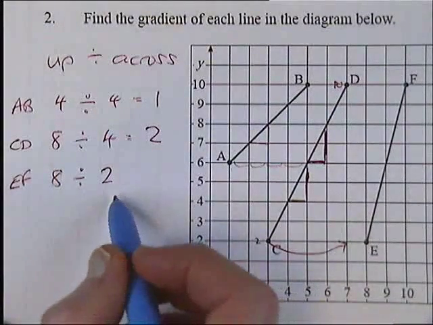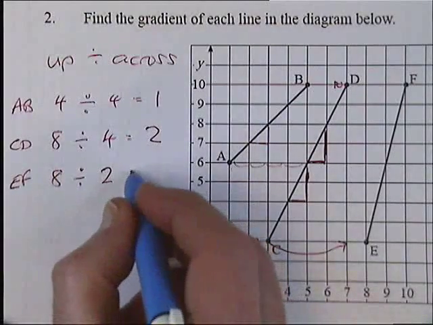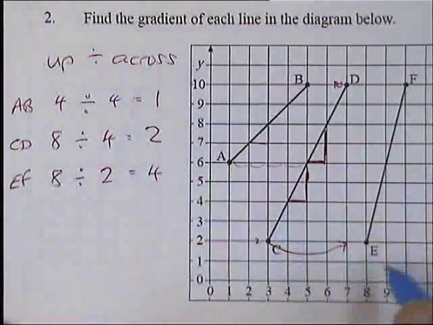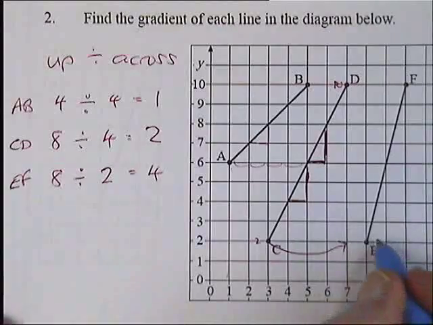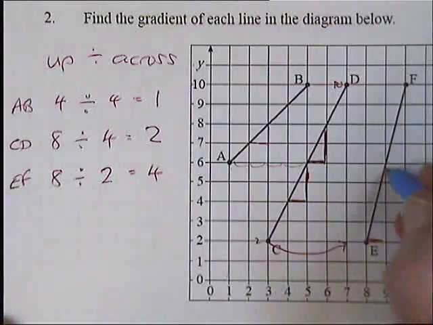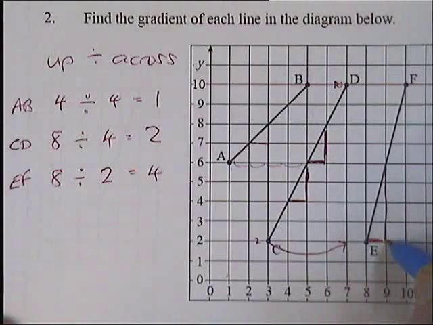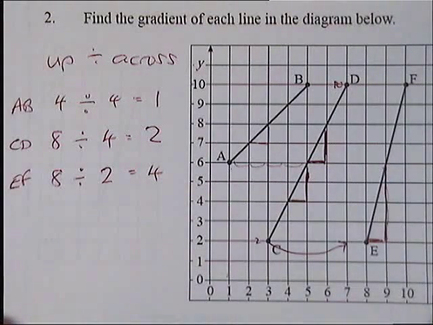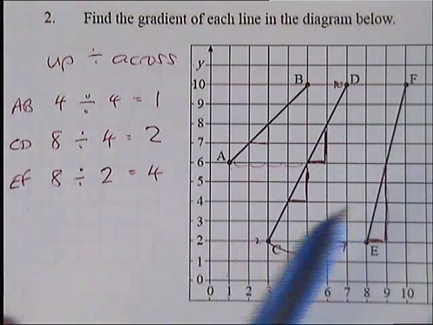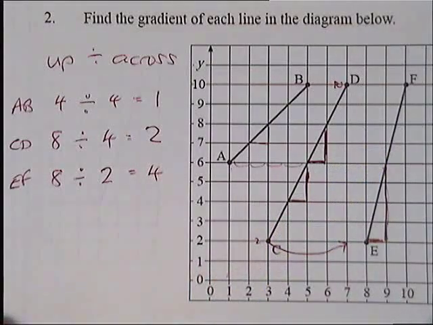And the up number divided by the across number, 8 divided by 2 is 4. So the gradient of this line is 4, and that should mean for every 1 we go across, we're going up 4. And if you look at it there, for every 1 you go across, you are going up 1, 2, 3, 4. That works. All of these lines were uphill lines, so they don't need any minus signs.